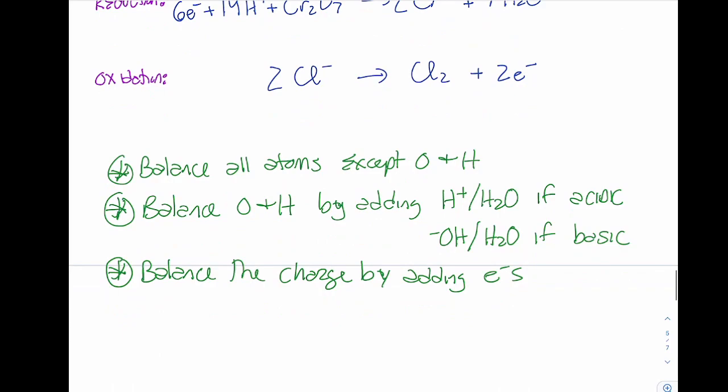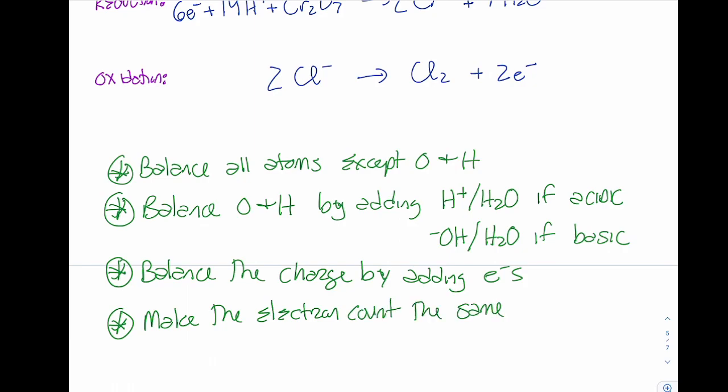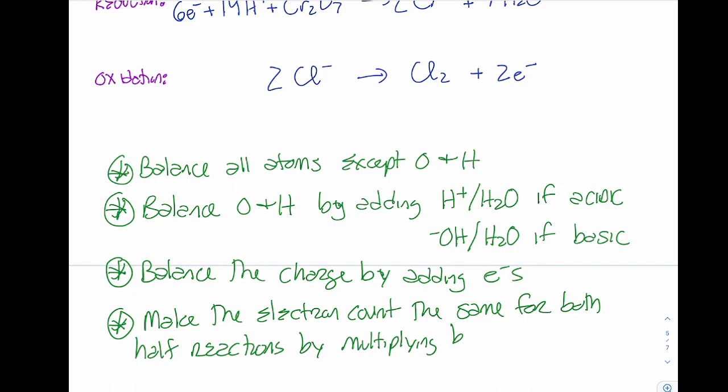Next up, we're going to make the electron count the same for both half reactions, by multiplying by a coefficient.